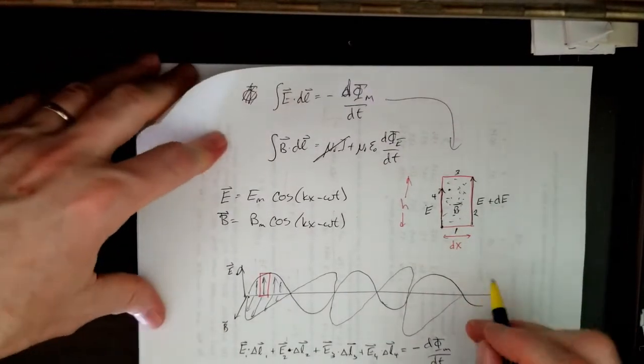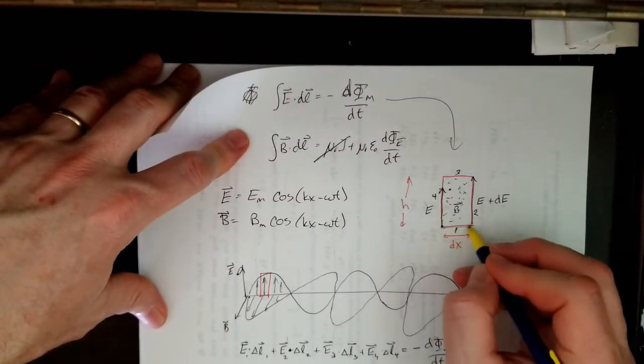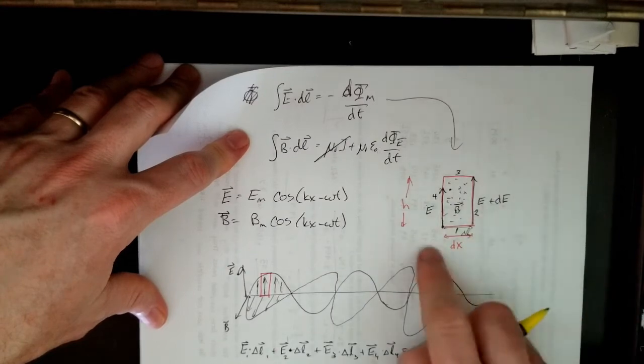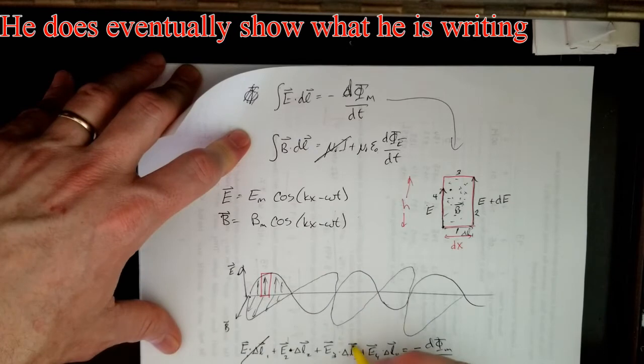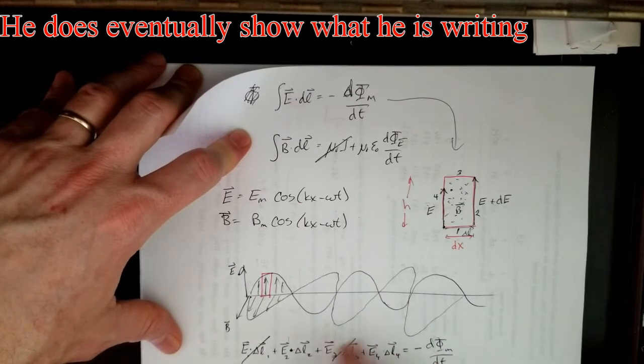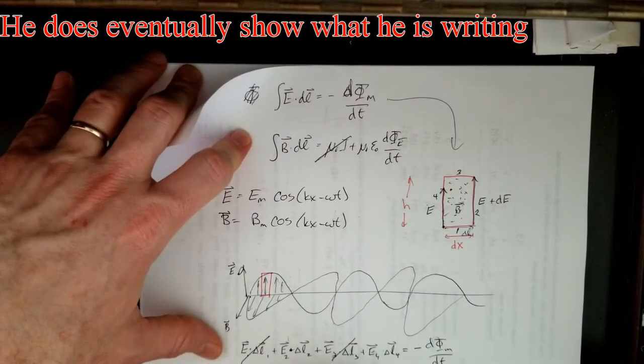E1 dot L1 is in that direction right there. There's my delta L1, and that is perpendicular to my electric field, so that's 0. Same with 3.